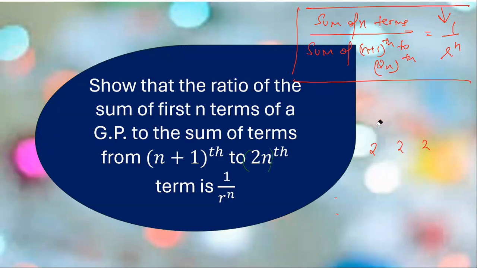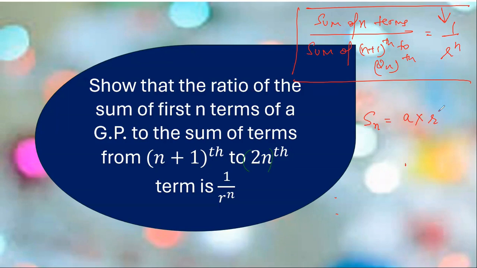Okay, now let's talk about the numerator: the sum of n terms of a GP. There is a particular formula to find it. Sn is equal to the first term, which whenever we have a general GP we take as a, times, in brackets, r raised to the power n minus 1 over r minus 1. Here r is the common ratio, and because it is the same GP, the ratio is also the same.